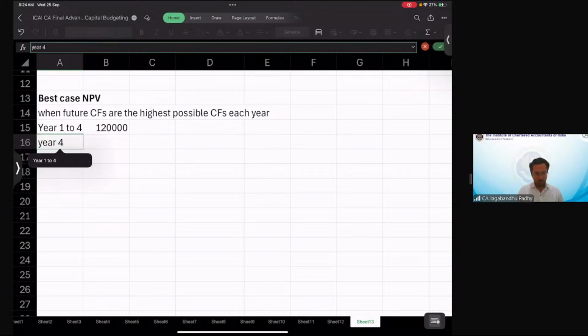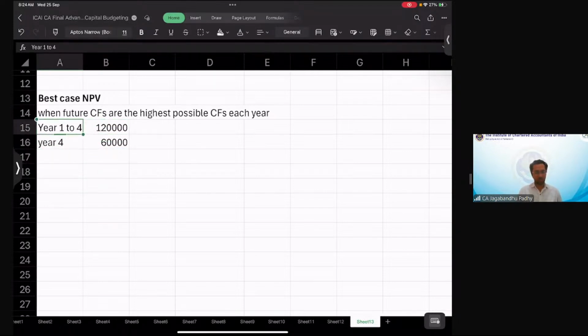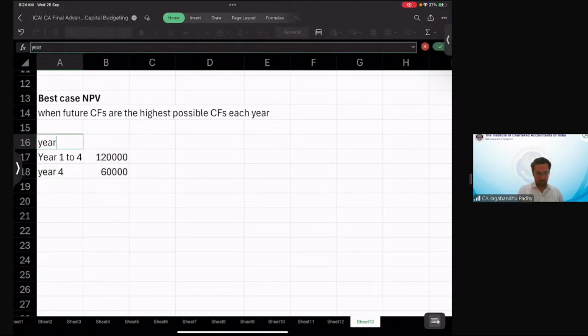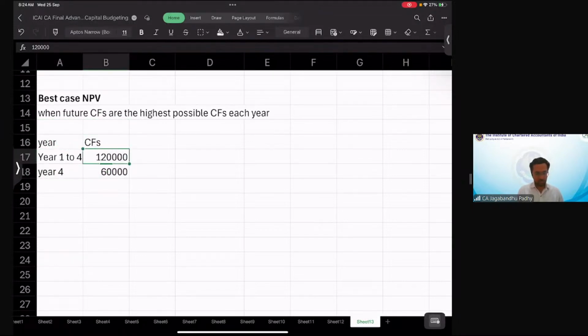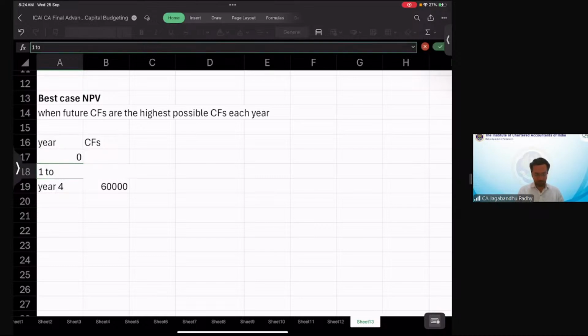And in year 5, this is going to be 60,000.